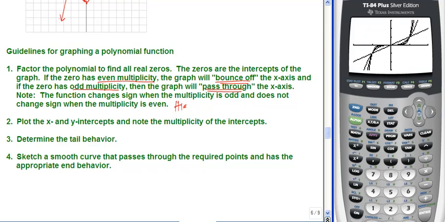The higher the multiplicity, so the higher that power is on that factor, and it doesn't matter whether it's even or odd, the higher that power is, the flatter the graph will be at that intercept.